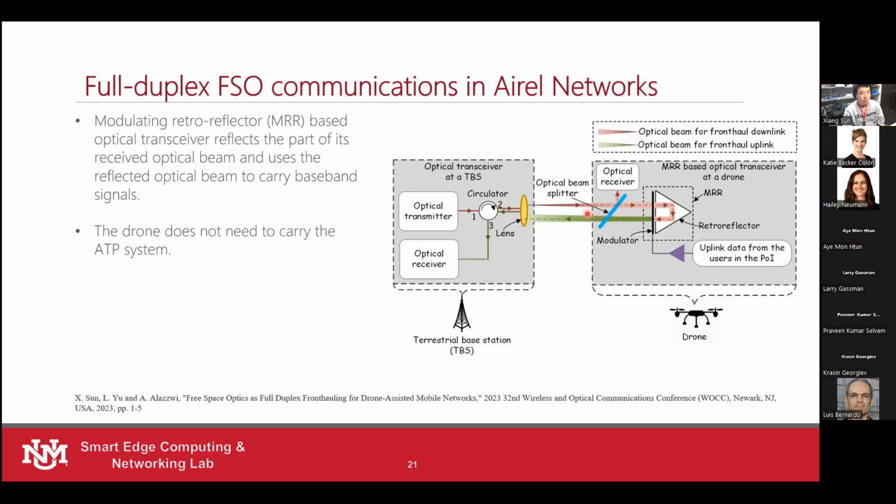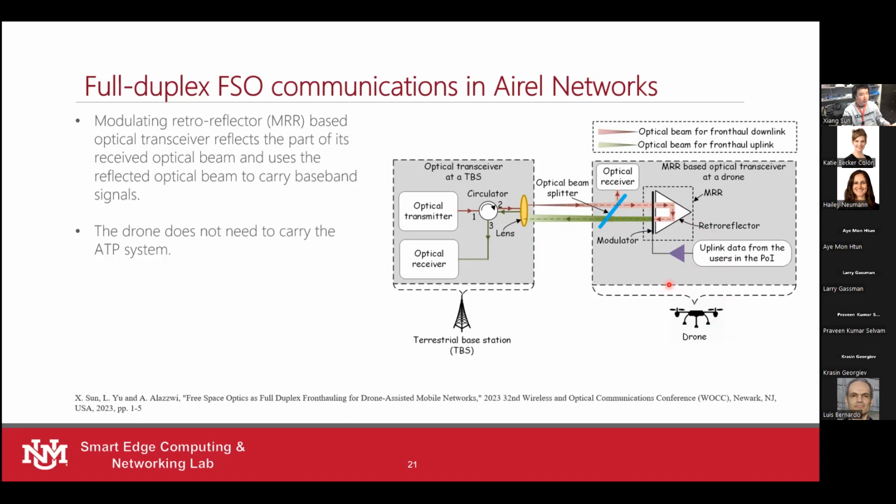Right. So once the micro base station receives this uplink optical beam, it is going to send it to the optical receiver to demodulate the data carried by this uplink. So in this case, we can see that, first, the drone does not need to be equipped with the cameras, the gimbals, and the computing board anymore, right?